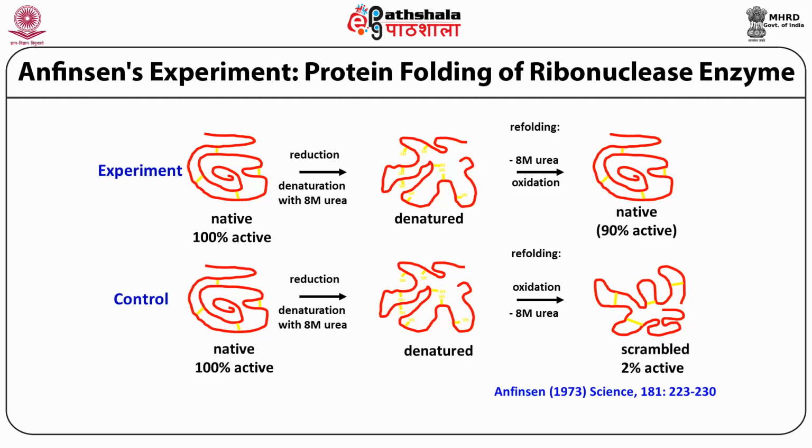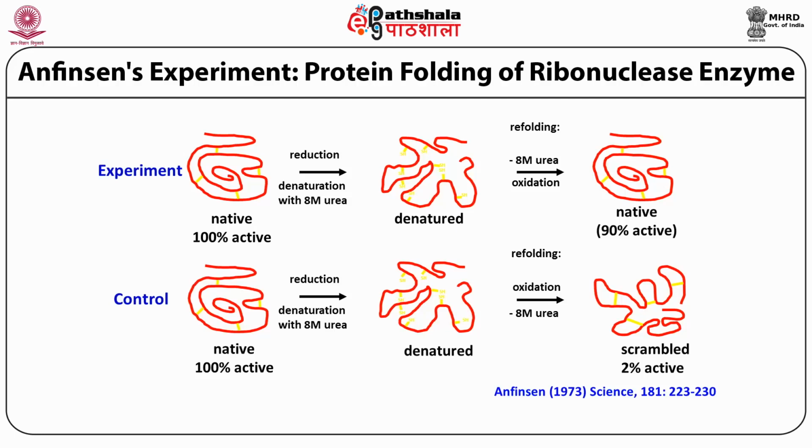So, in the first experiment, he took a ribonuclease enzyme, which is a well-folded protein with 4 disulfide bonds connecting 8 cysteines. This protein was reduced using beta-mercaptoethanol and denatured using 8 molar urea.